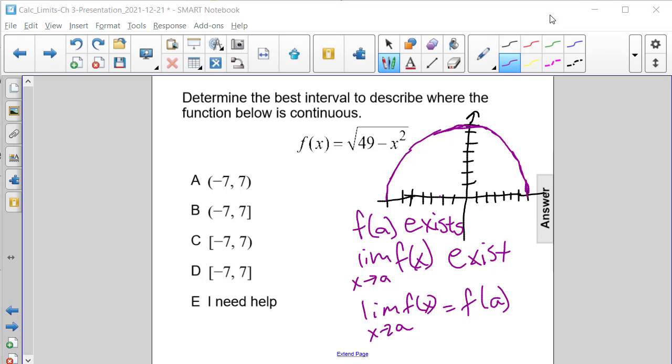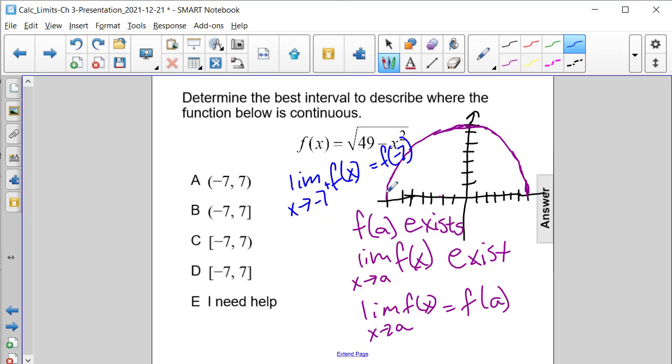Now let's check for continuity at the endpoints to see if one, both, or none of them fulfill the continuity requirements. So does the limit of f of x as x approaches -7 from the right equal f of -7?